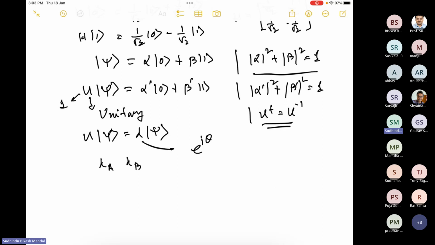If these two are not equal, then every eigenvalue has a corresponding eigenvector. If these two are not equal, then these two eigenvectors should be orthogonal to each other.